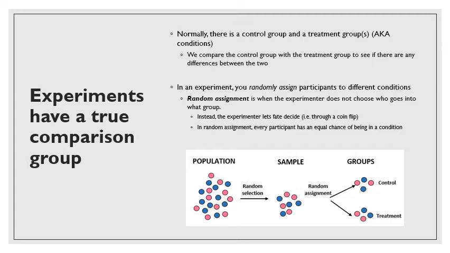Some sort of sampling technique was exhibited to get from our population to our sample. Then we use this idea called random assignment, where we take our sample and randomly assign them to 1, 2, 3, 4 conditions, however many conditions or groups. Conditions are the same as groups you have within your study. In the image below, they randomly assigned into a control group and a treatment group.